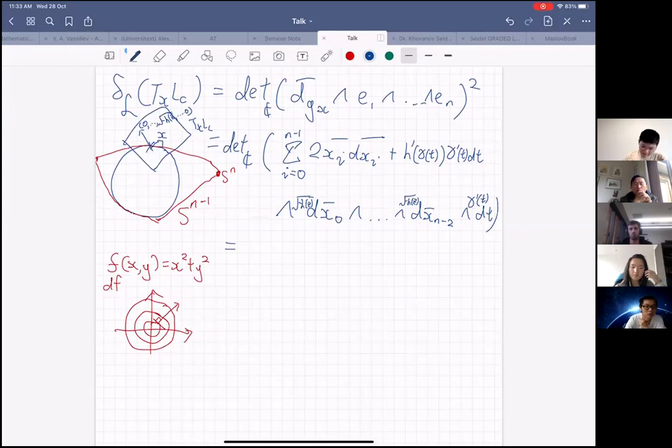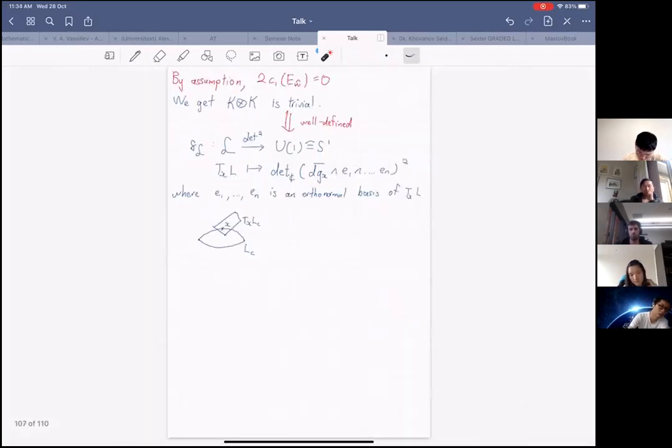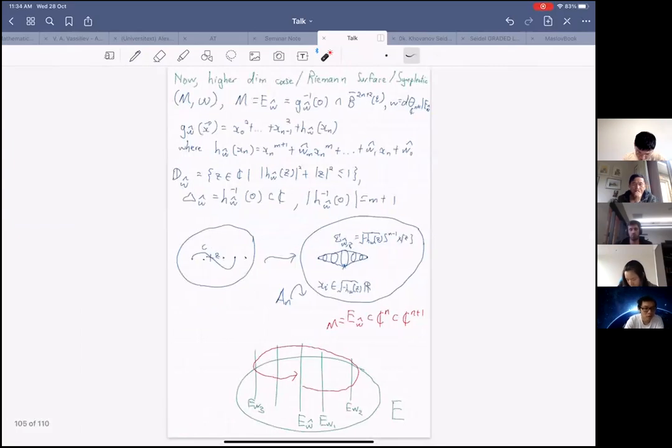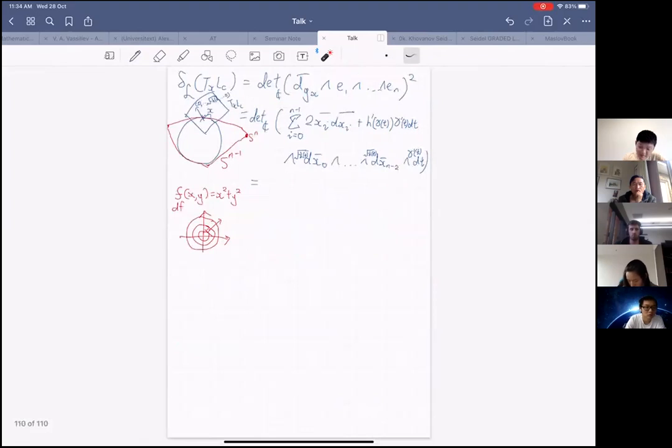Because this dxi is coming from the original xi, but in our construction we said that these points are in the square root of minus hw z on R. That's why we introduce a constant. Is that correct? Yeah.